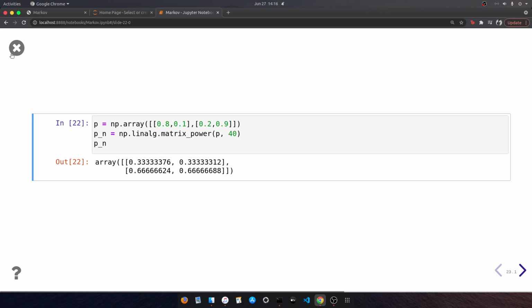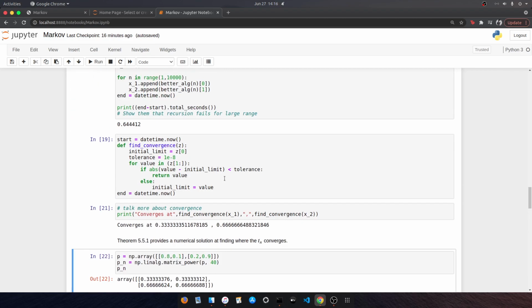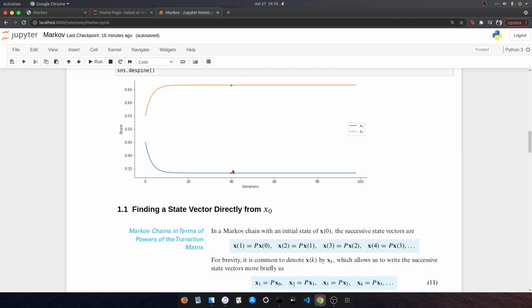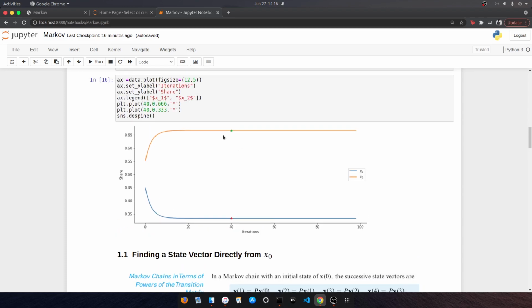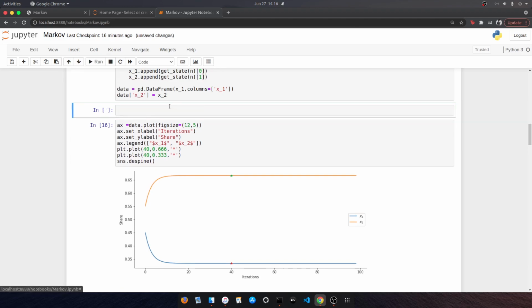So to make that more concrete, let's look at the chart from above. As you can see here, channel 1 converges to around 33% and channel 2 converges to around 66%, and we can verify that by computing the state at around 40.